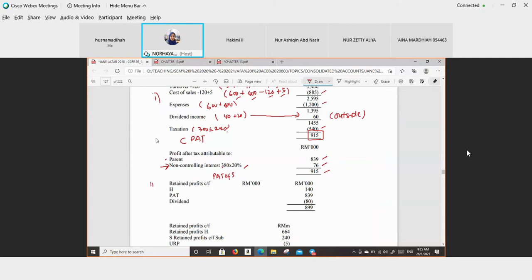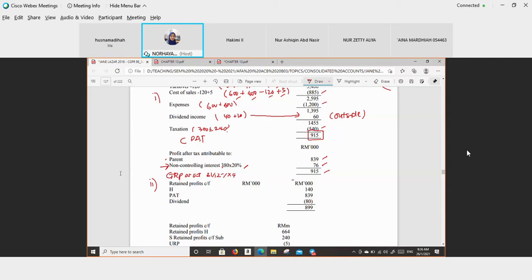And then for the second one, you are required to calculate the retained profit at year end. Betul tak? Kan? So kita pun buatlah yang ni lah. Group retained profit as at 31st December X4.